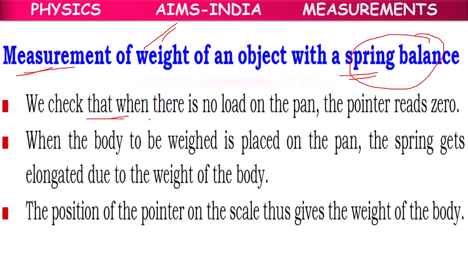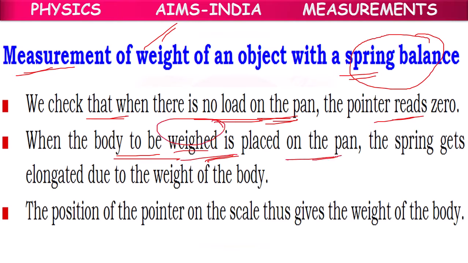When there is no load on the pan, the pointer reads 0. So when the body to be weighed is placed on the pan or attached to the hook, the spring gets elongated due to the weight of the body, and the position of the pointer changes.